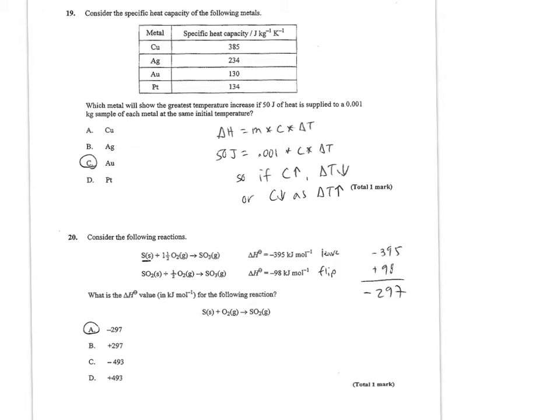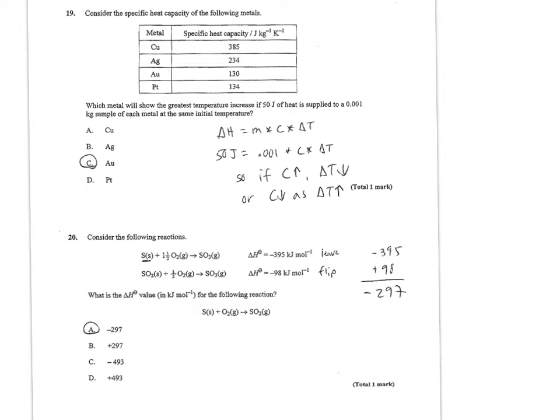19, consider the specific heat capacity of the following metals. So we've got a bunch of them given there, and it's given in joules per kilogram. That's why those aren't decimals like we're used to. But which metal will show the greatest temperature increase if 50 joules of heat is supplied to a 0.001 kilogram sample of each metal? So if I set up mcΔT, the 50 joules is the delta H, 0.001 is my mass.